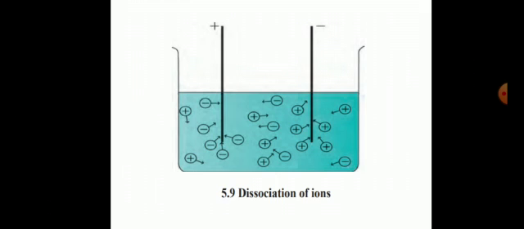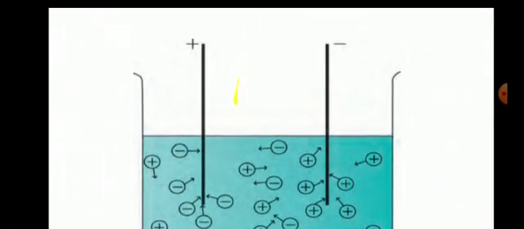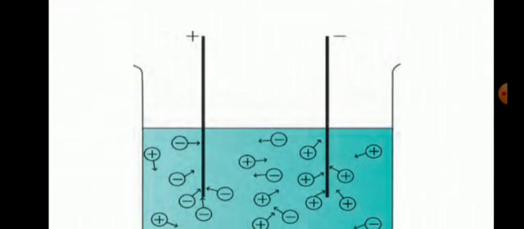Dissociated ions. Here is the negative electrode, that is the cathode, and here cations are attracted towards the cathode. This is the anode. Anode is the positive terminal and towards it anions are getting attracted.